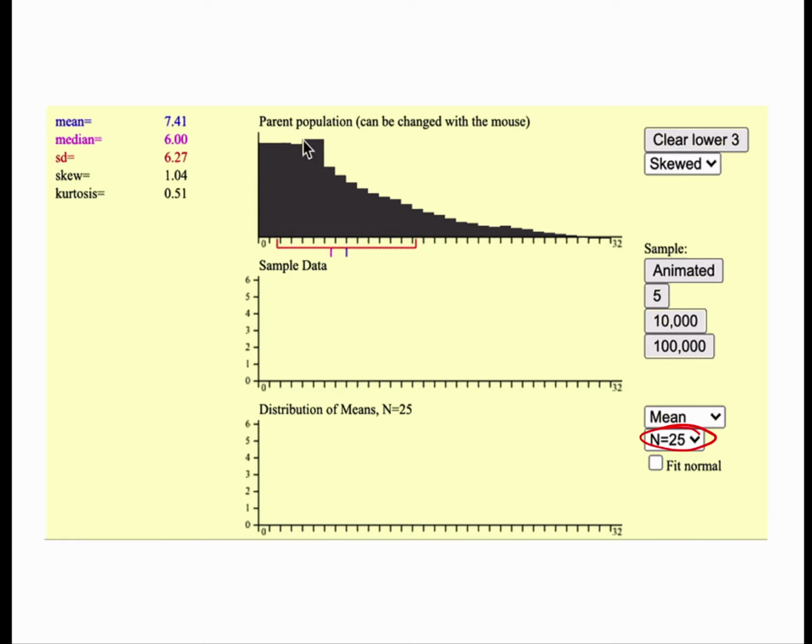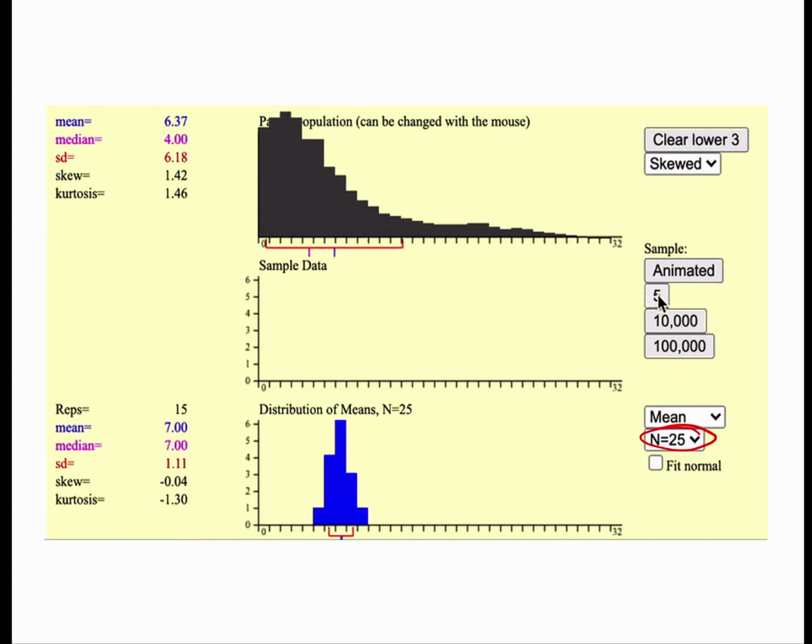For the skewed distribution, again, this is me just making it a little more skewed, my sampling distribution now looks pretty close to normal, right? And has a much smaller spread. So smaller spread, but also look how much closer this is to normal than the other one.